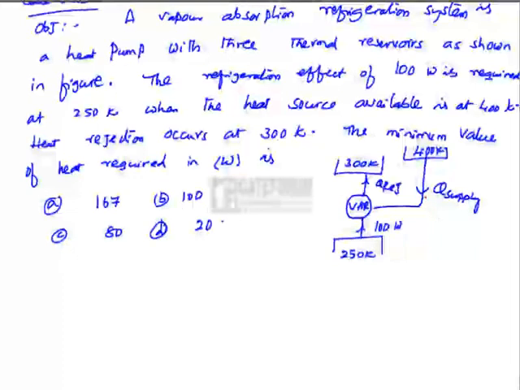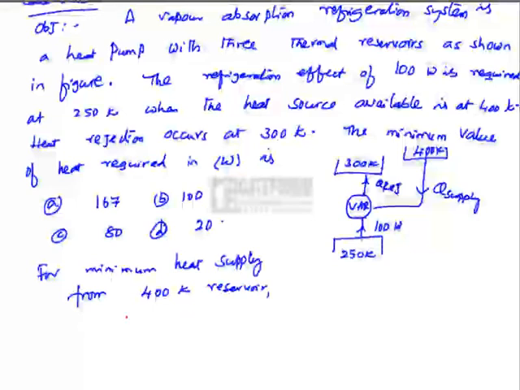It is supplied with heat from the 400 Kelvin reservoir, and the cycle is absorbing heat of 100 watts from the 250 Kelvin reservoir and rejecting heat to a reservoir at 300 K. For minimum heat supply from the 400 K reservoir, that is an external effect required to drive the machine, the COP of the cycle should be maximum.